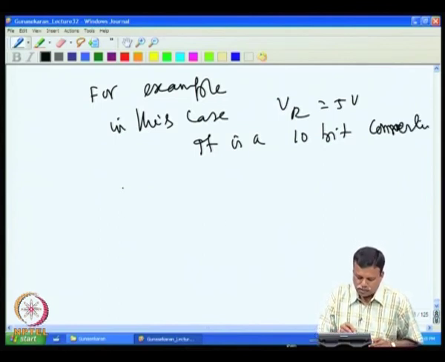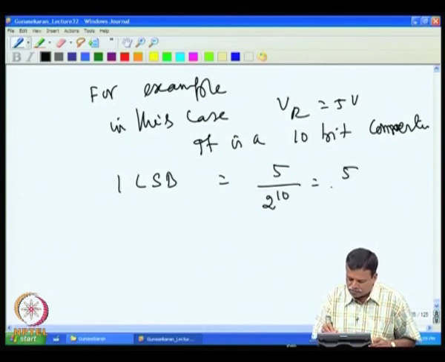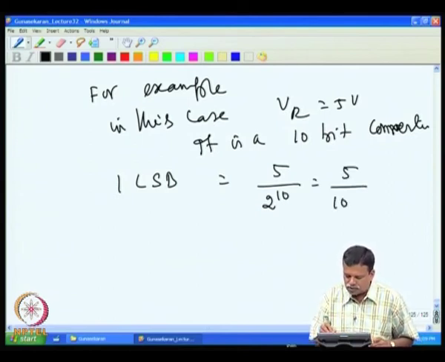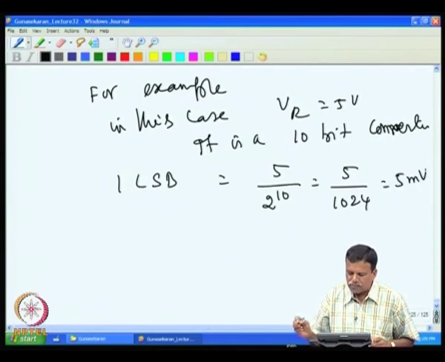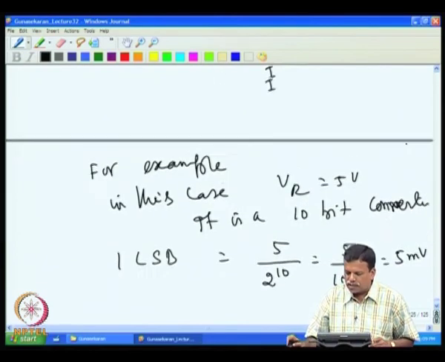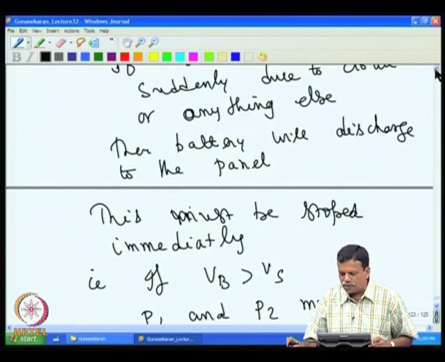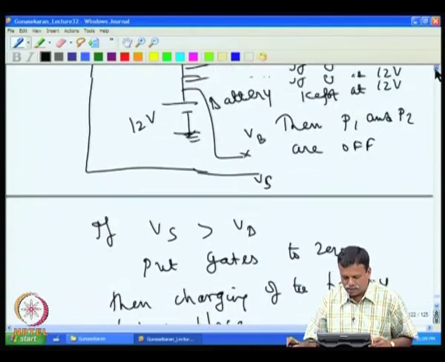So one LSB would be 5 volt divided by 2 power 10, that is 5 volt divided by 1024, which is about 5 millivolt at the input of the microcontroller.